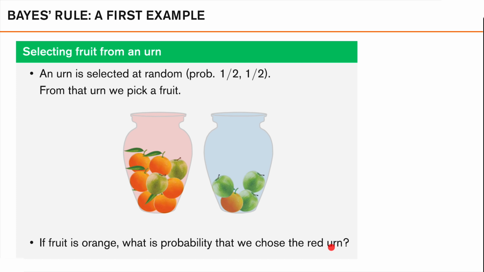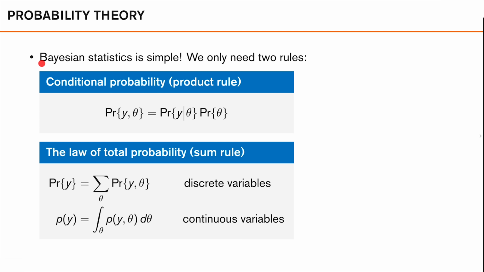To answer this question, we should first go through some Bayesian statistics. Now, Bayesian statistics is simple. We only need 2 rules. The first is called conditional probability, or the product rule. It states that we can always decompose the joint probability of 2 random variables as a product with 2 factors. In this case, we have 2 random variables, y and theta.